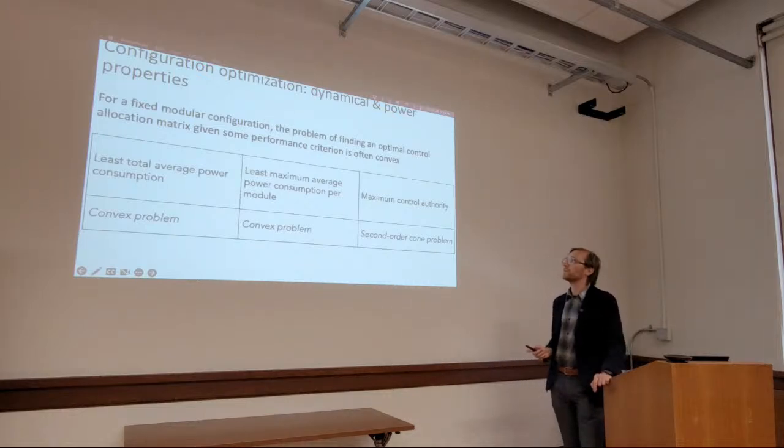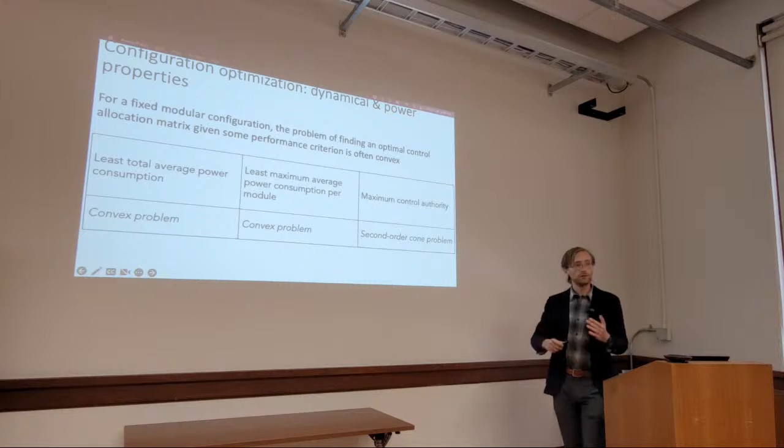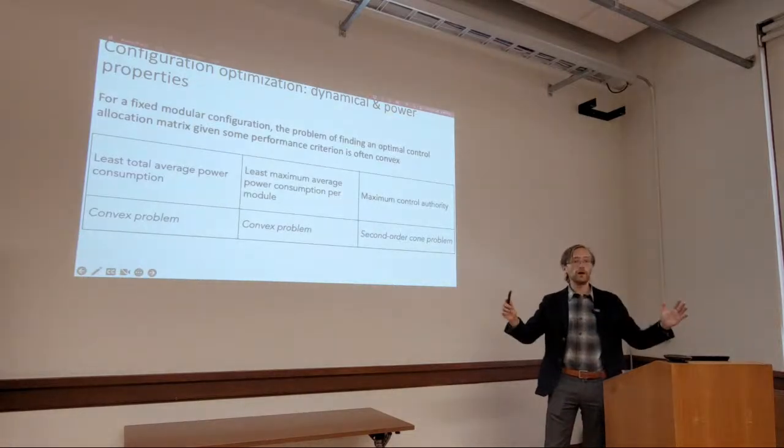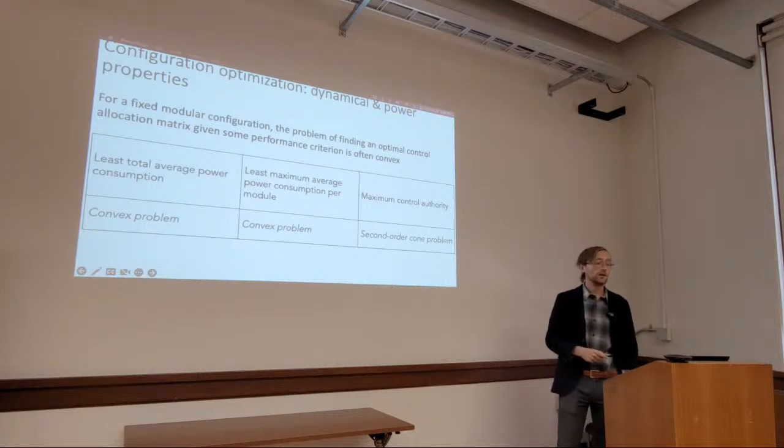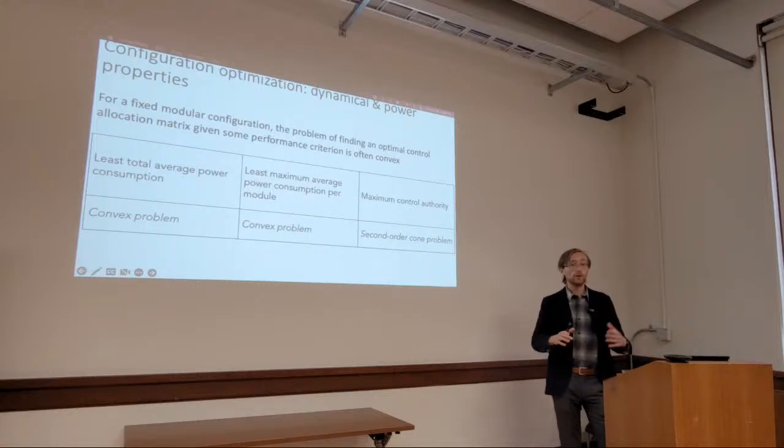We have the same thing if we look at the average power consumption per module rather than at the vehicle scale. And if we look at the control allocation matrix that will minimize some measure of control authority along some control axes, it can be, for example, the 3-degree moments that can be output, or the 3-degree thrust that can be output by a 6-degree of freedom configuration.